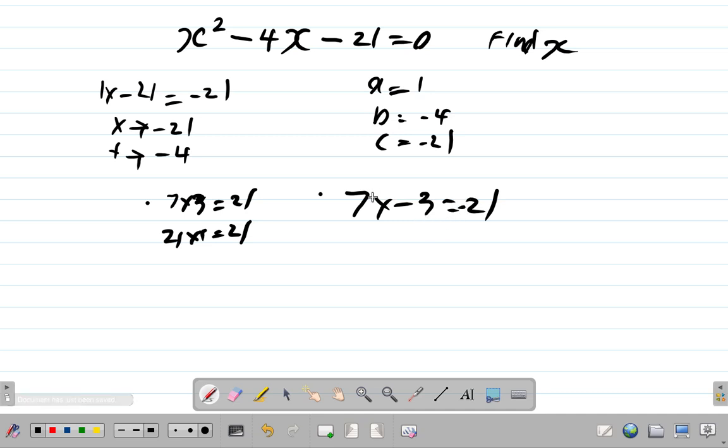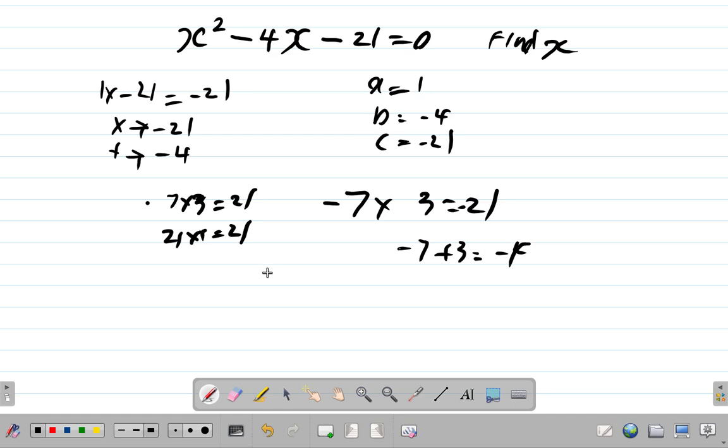But 7 plus negative 3 is the same as 7 minus 3, or 4. We have negative 4 up here, so you have to try again. This time, make the 7 negative instead of the 3. So, negative 7 times 3 gives you the same, negative 21. Negative 7 plus 3 gives you negative 4.